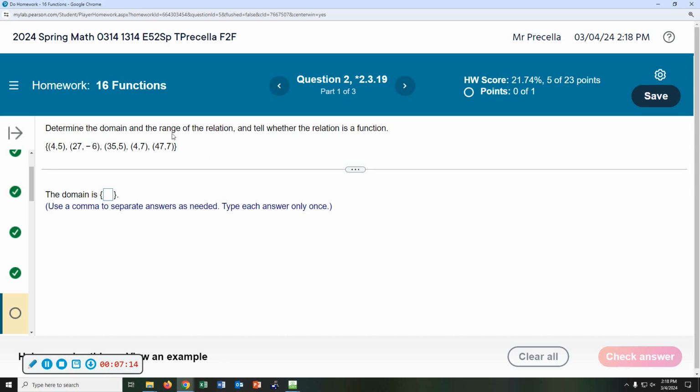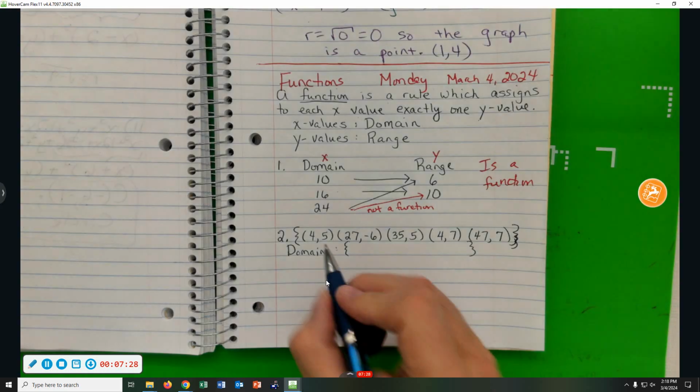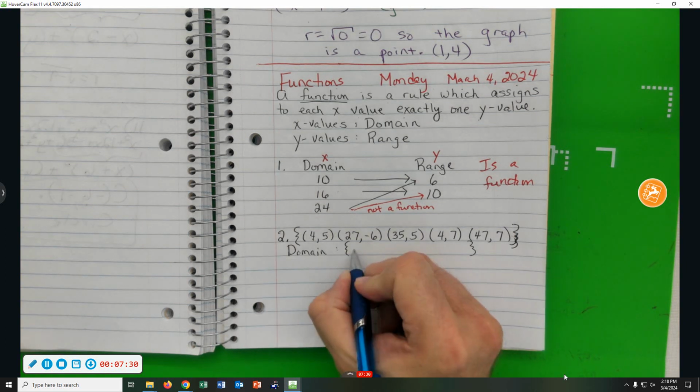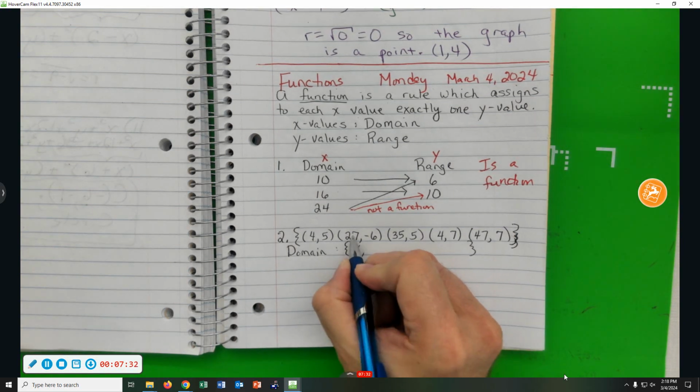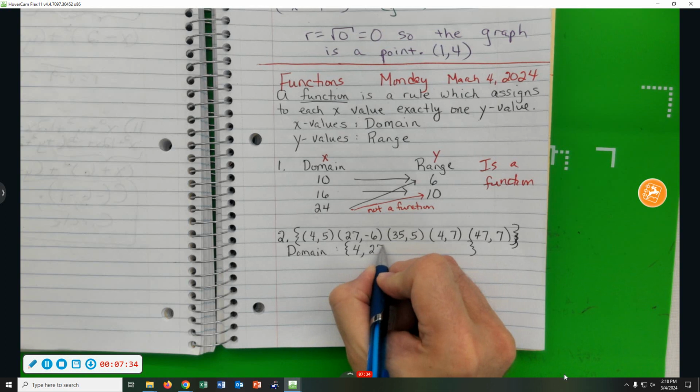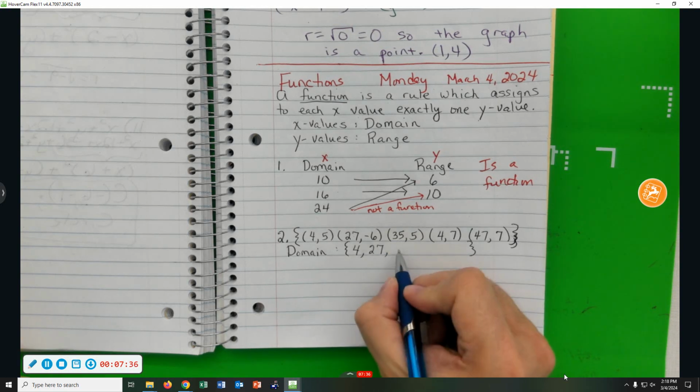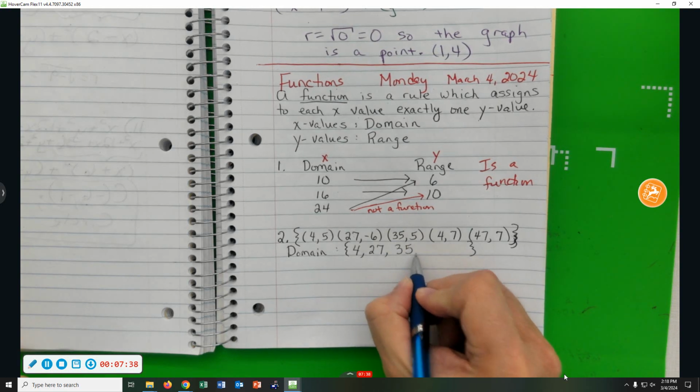Notice it says the domain is, use a comma to separate answers as needed. Type each answer only once. So if a number appears more than once, we're only going to type it once. So we'll go through and write out the x values. There's a 4, a 27, a 35. What else is in the domain?